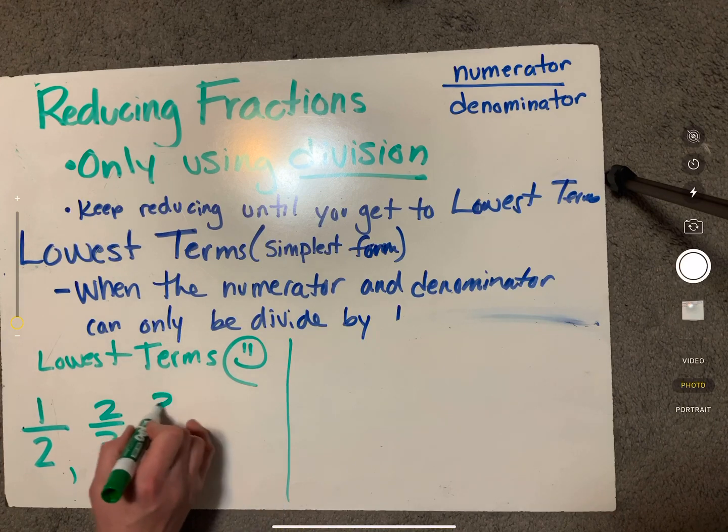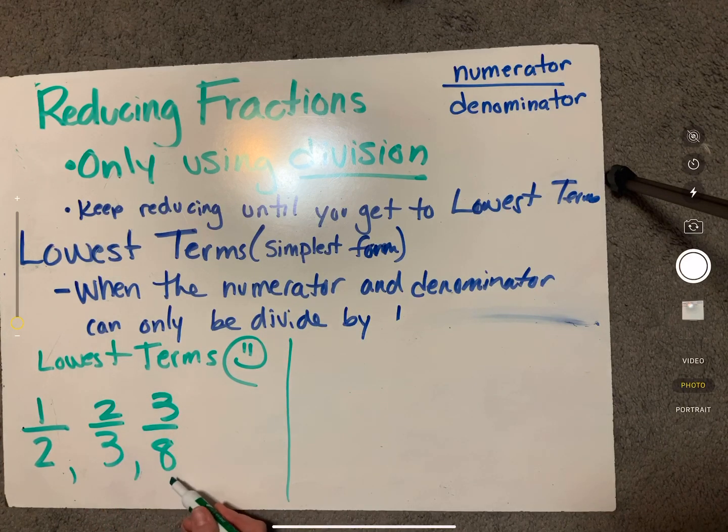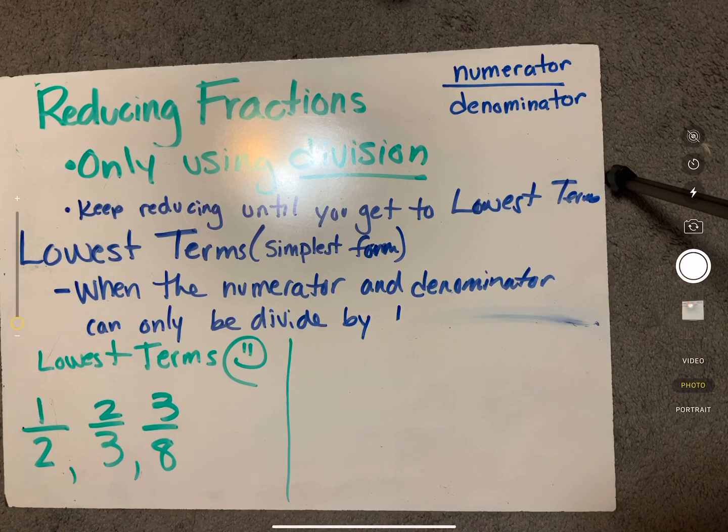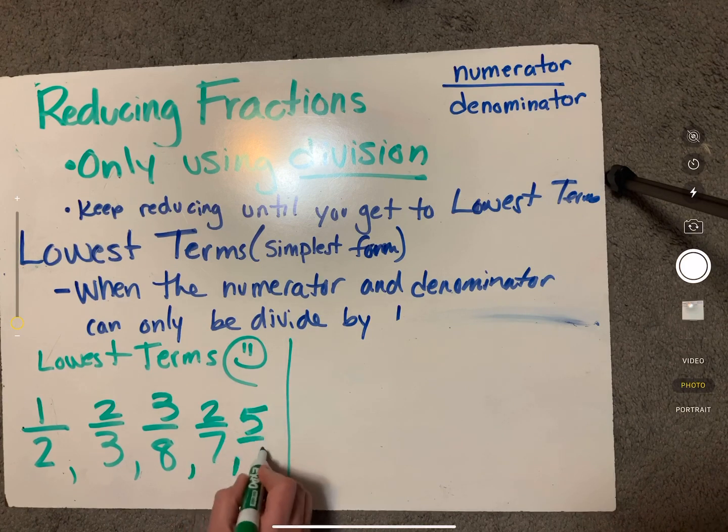We could have 3/8. So yeah, 8 has other things it could be divided by, like you could divide 8 by 2, but you can't divide 3 by 2. And remember, you have to do the same thing to the numerator as you do to the denominator. So 2/7 is another one, and 5/9. So again, 9 has other things it can be divided by, like 3, but 3 can't go into 5. So that is going to be lowest terms.